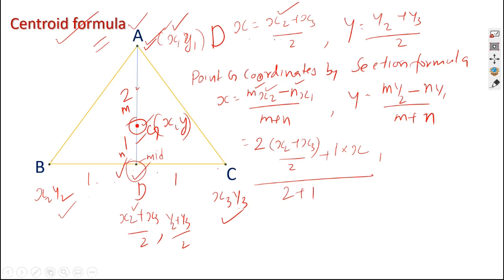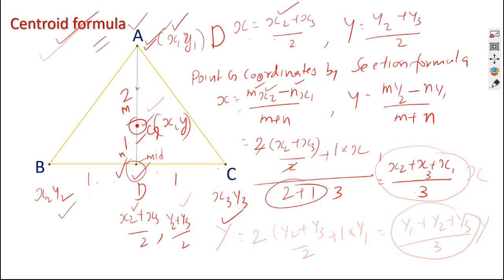Now we know that this is equal to 3. Correct? Here the 2 will get cancelled, and it can be written as (x1 plus x2 plus x3) upon 3.